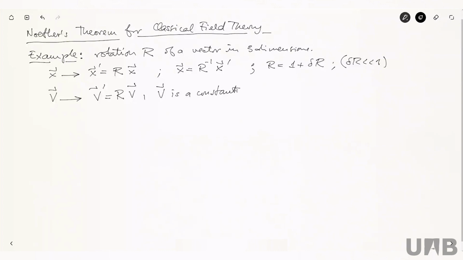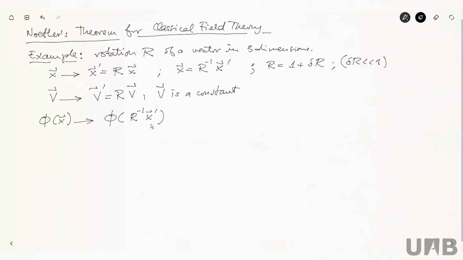Okay? Now, if we have a function phi of x, how do we transform it? Well, phi does not transform because it doesn't have an arrow on top, so it's not a vector, but x is a vector, so we have to transform x. So that means that this goes to phi of R minus 1 of x prime.